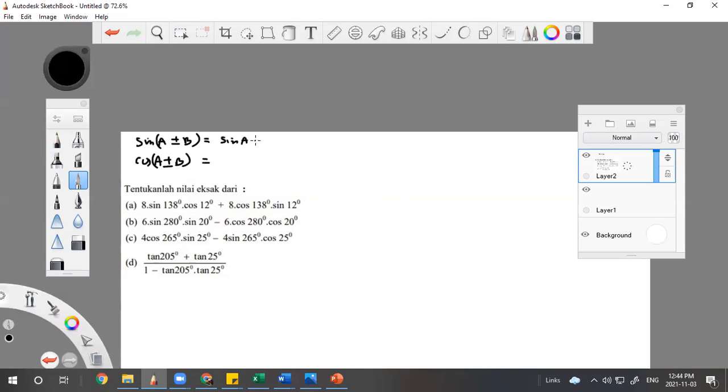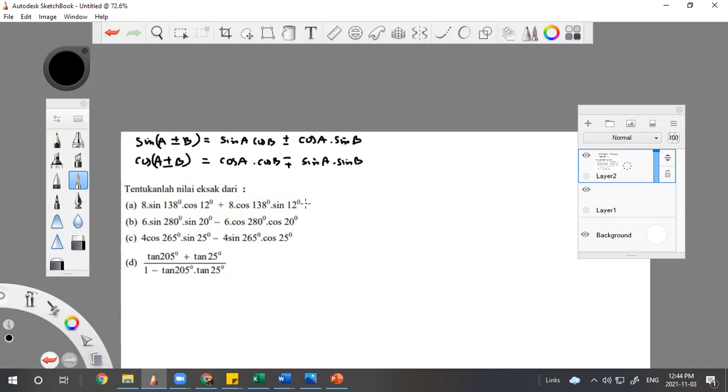Sin A cos B plus minus sin B cos A kan? Atau cos A sin B boleh juga ya. Kalau cos A plus B jadi cos A cos B minus plus lawanan sin A sin B.